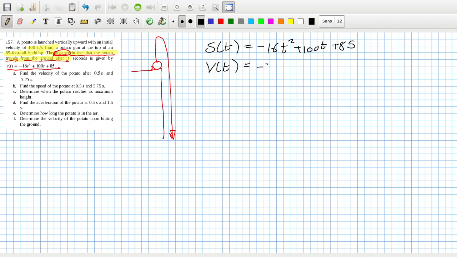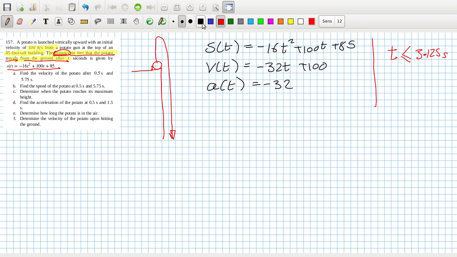v(t) is minus 32t plus 100. a(t) is minus 32. And technically speaking, I would prefer t to always be less than 3.125 seconds, because it doesn't really make sense if it's distance for s to start decreasing, which is what will happen when t goes beyond that number.